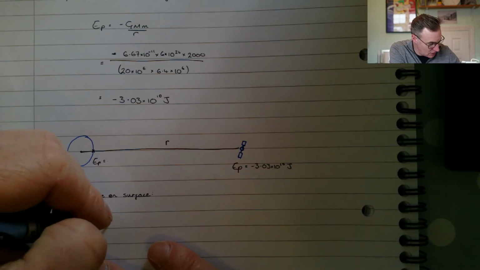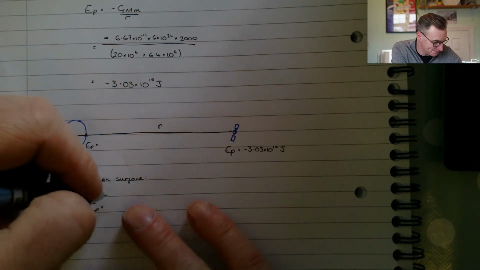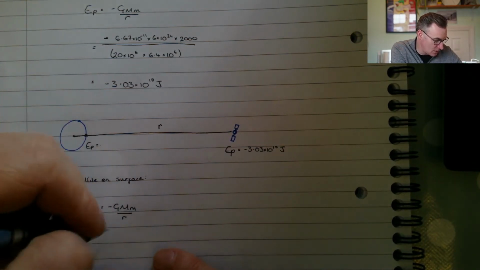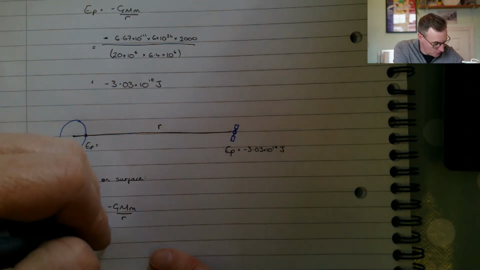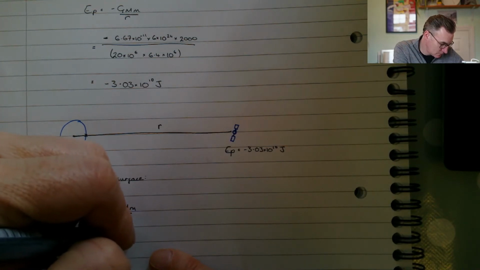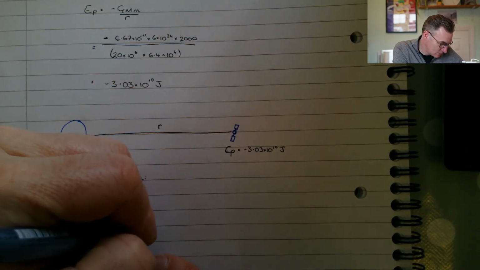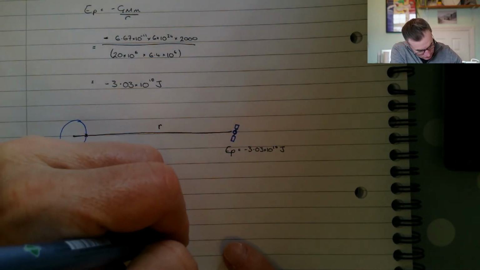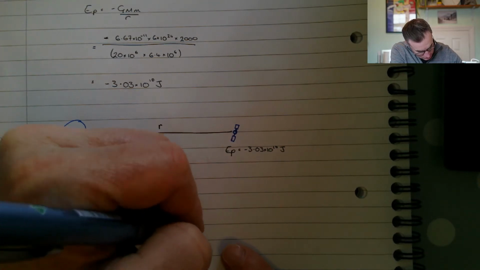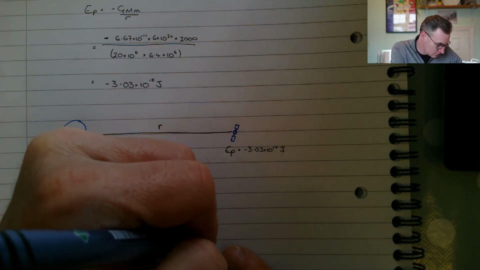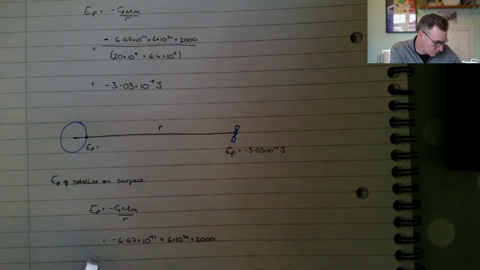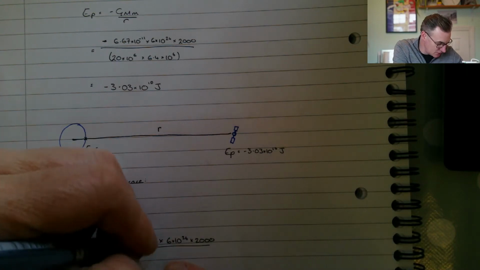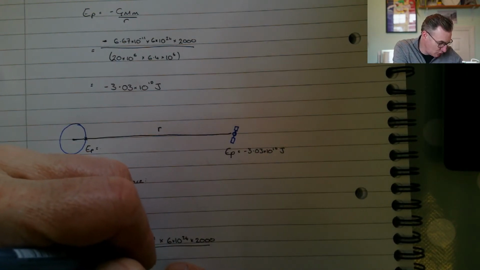EP is equal to minus big G big M m over R, and it's going to be the same numbers, it's just our radius is going to change, so it's just going to be 6.4 times 10 to the 6.